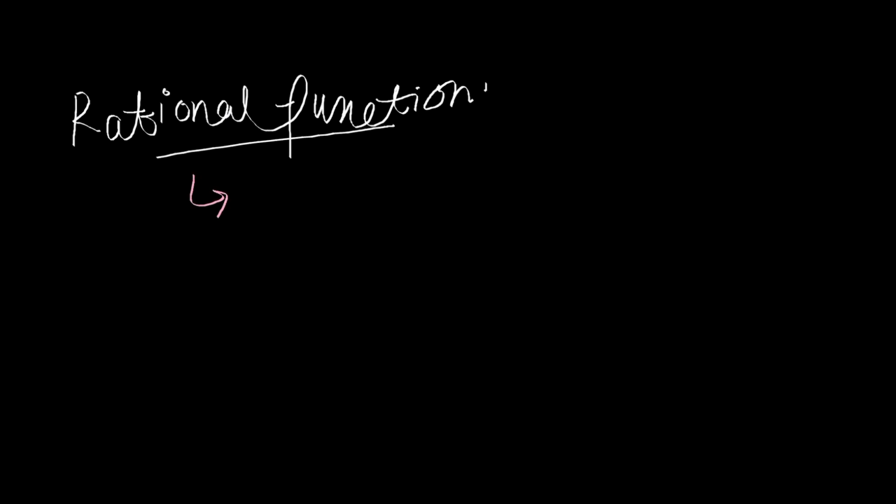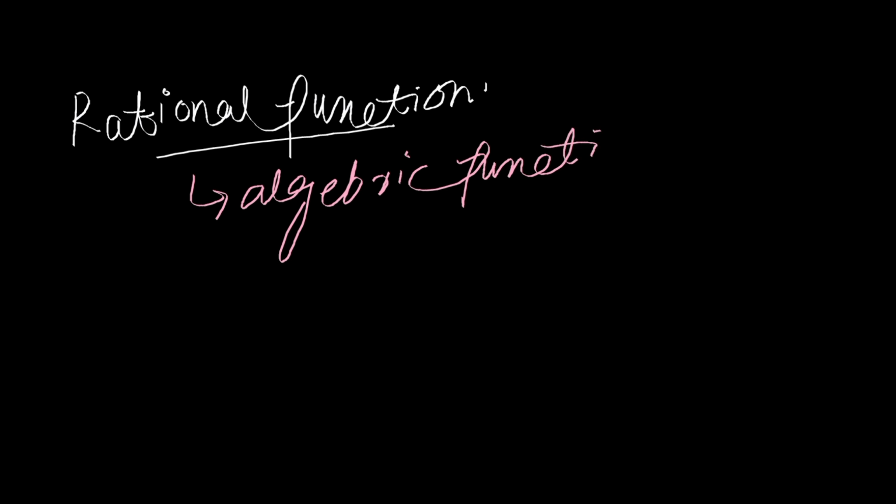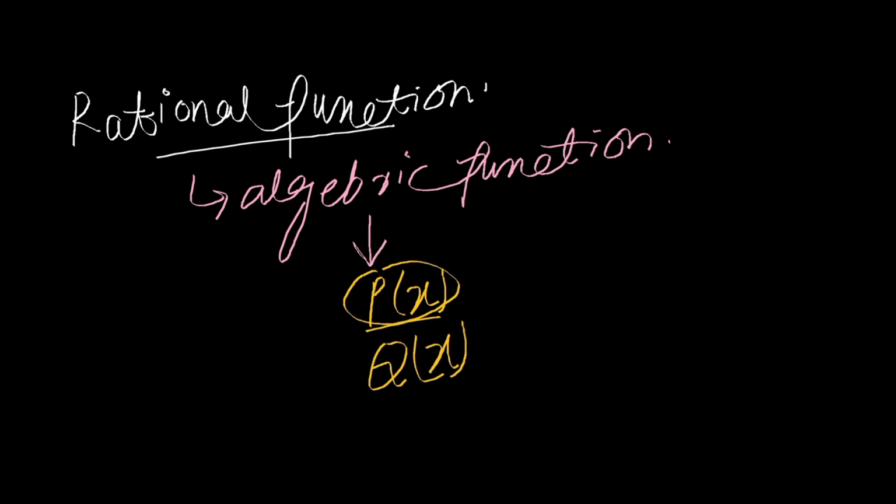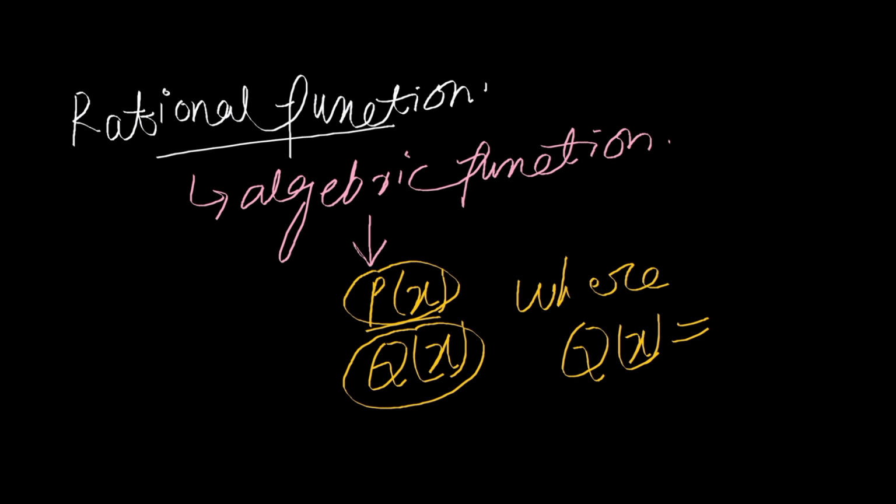What is special about it? It is a type of algebraic function which can be written in the form p of x by q of x, where p and q are both functions and q of x does not equal 0.